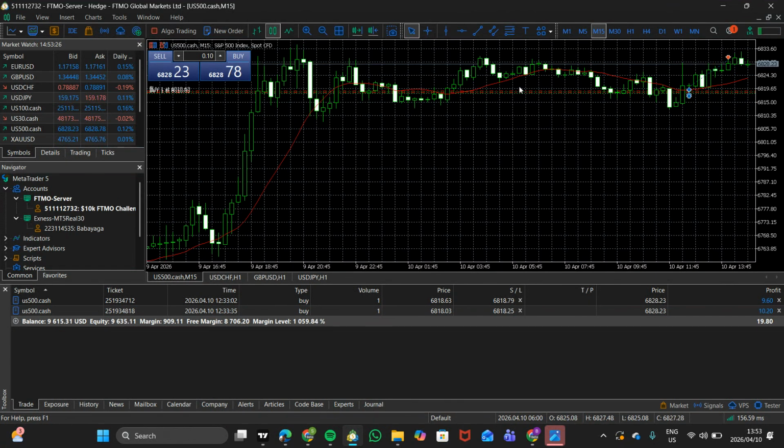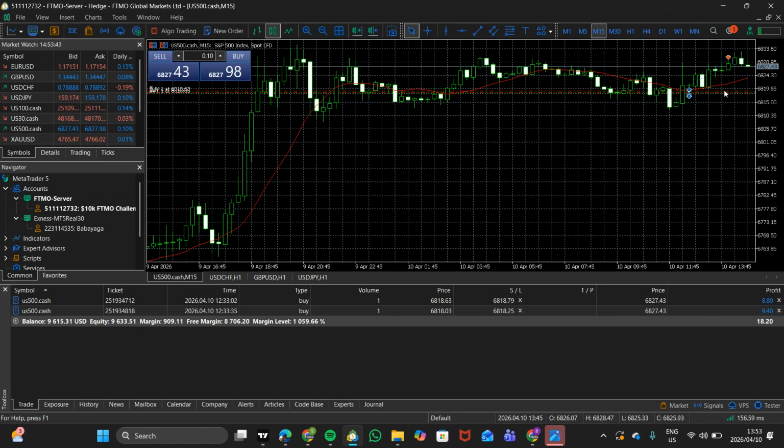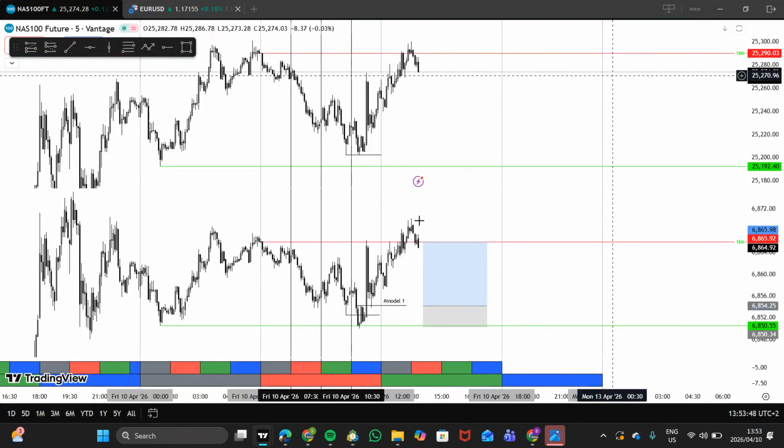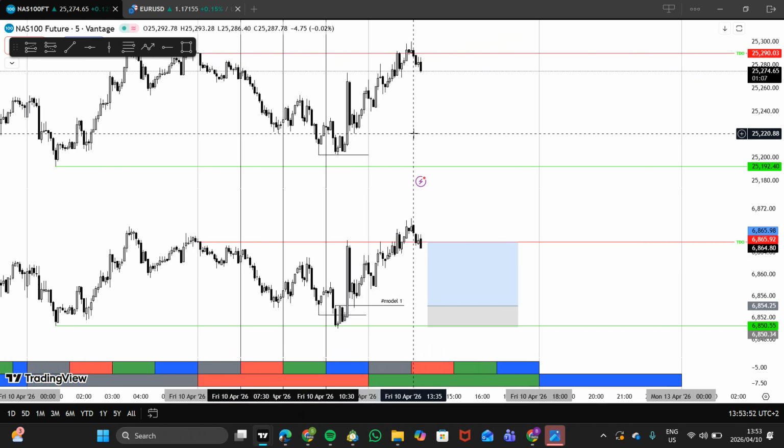So can you see where I actually entered my trades? I entered my trades right here, and I exit my trades here on top. This thing cannot just zoom in, but you can see. So that is what actually happened over there.